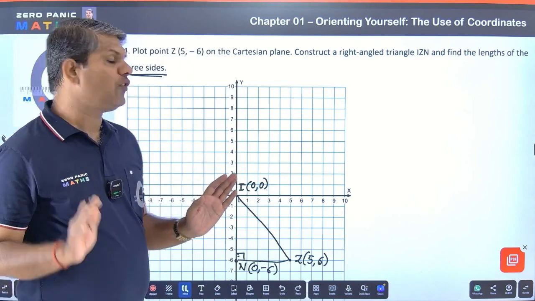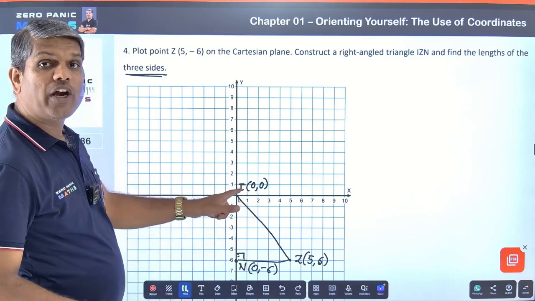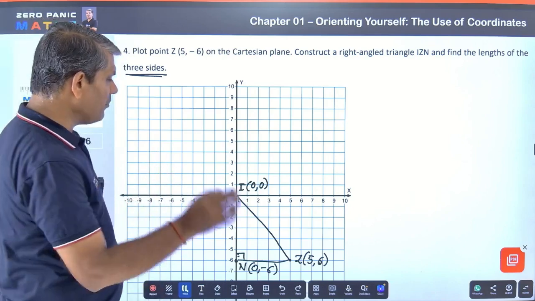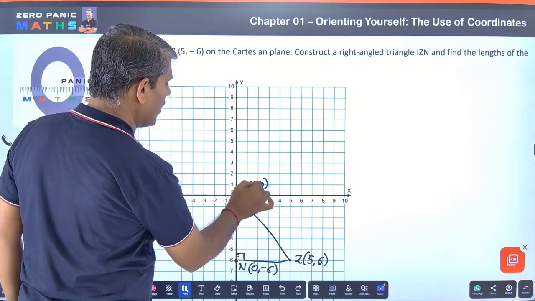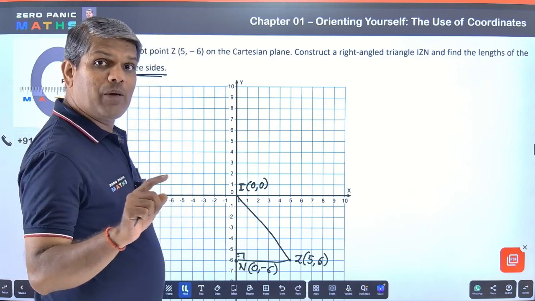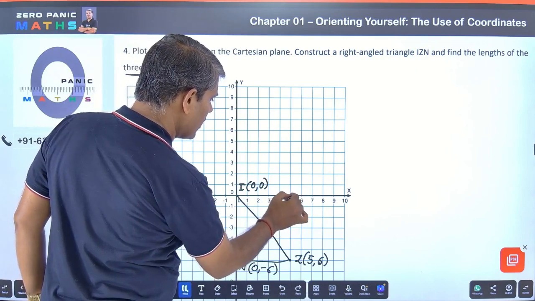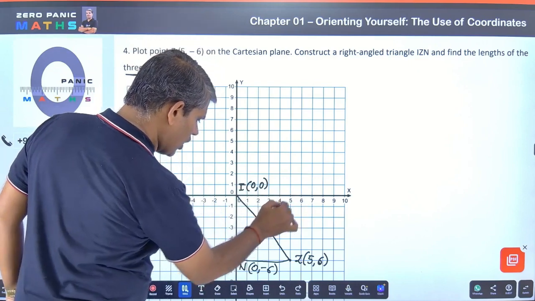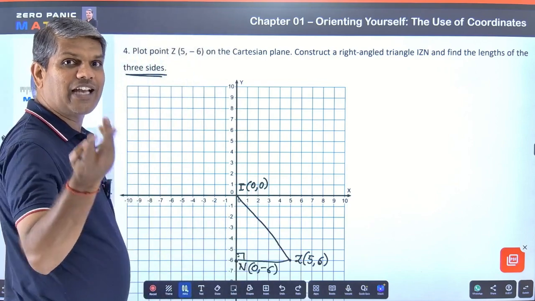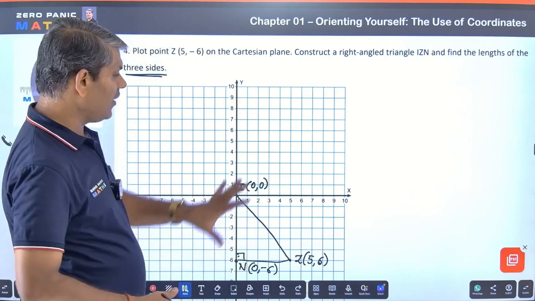So the answer differs based on where you place point I. I am considering I as the origin (0, 0) and making a right angle at point N. For practice, you can consider I at (5, 0), draw the hypotenuse from there, making a right angle at Z, and find the lengths. That will be a different, alternative answer for the same question.